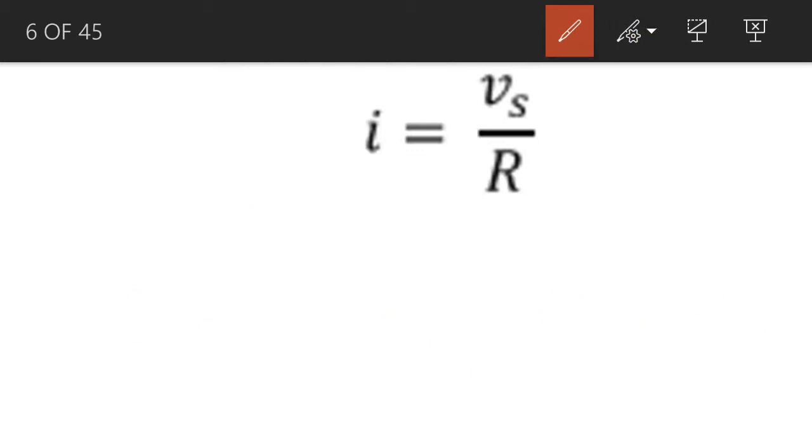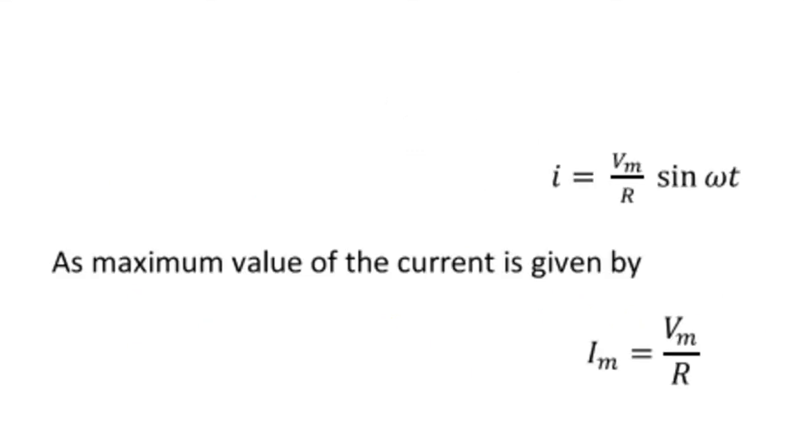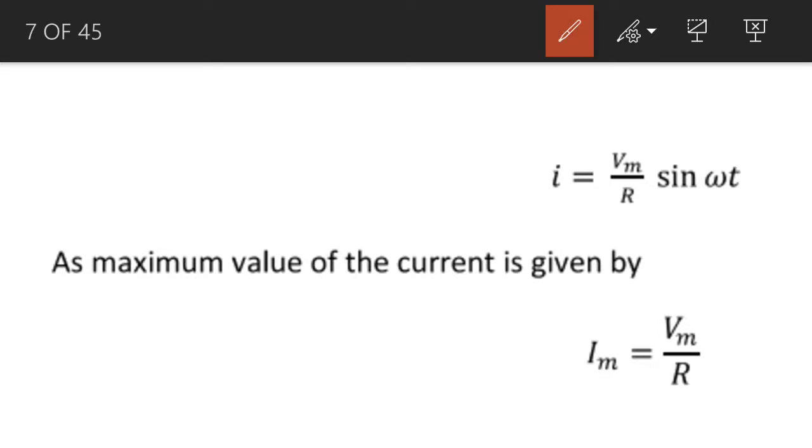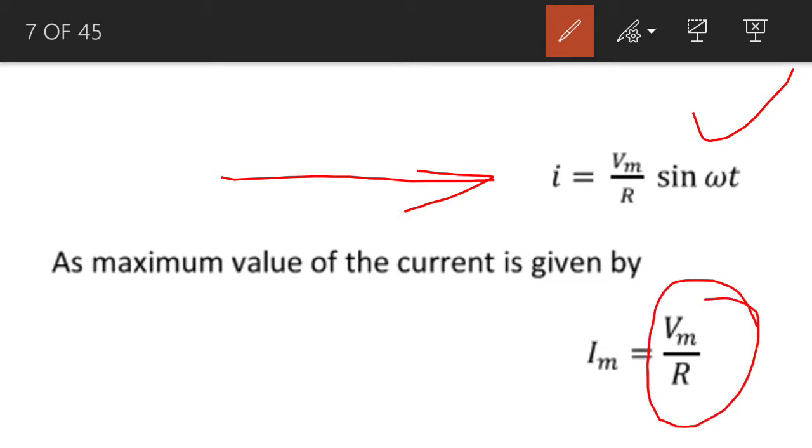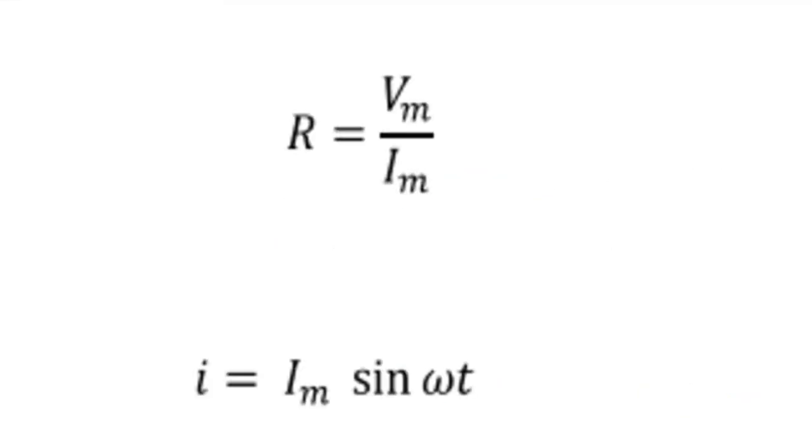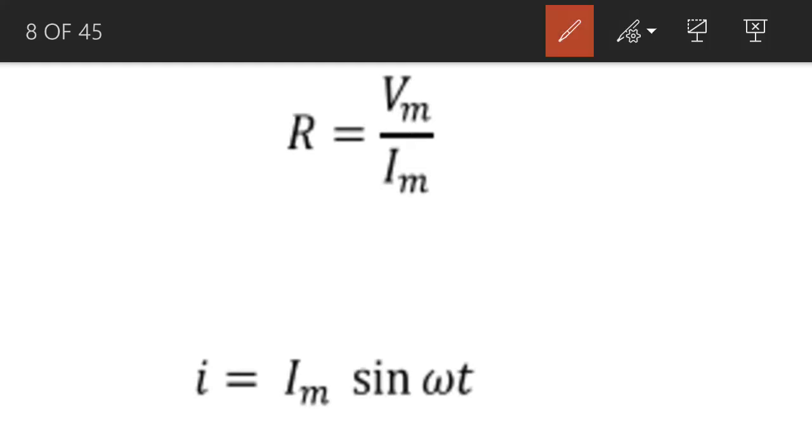If we put this value in this equation for the current, the alternating current in the resistor will be equal to Vm by R sine of omega t, and Vm by R gives you the peak value of the current, the maximum value of the current. So the AC current in the resistor will be equal to Im sine omega t.